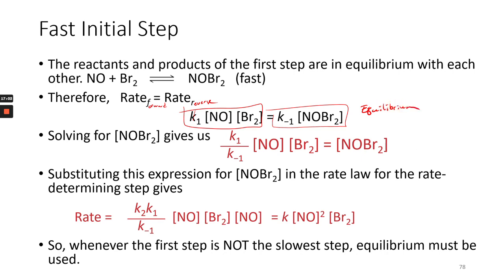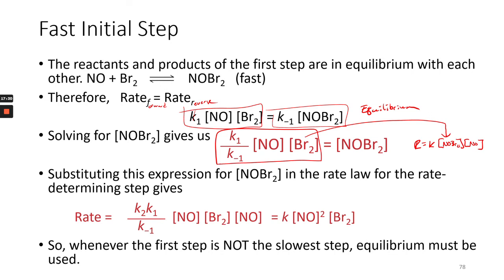Now I rearrange it and solve for NOBr2. So I end up with this term is equal to NOBr2. Remember, our rate law from our slow step was this. So now I take this term and stick it in for NOBr2.